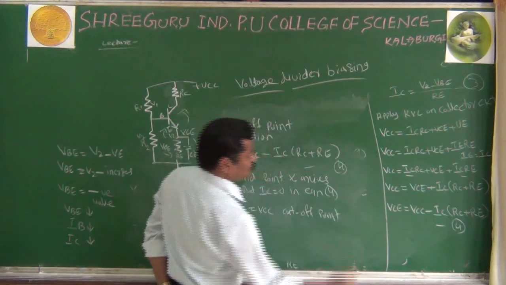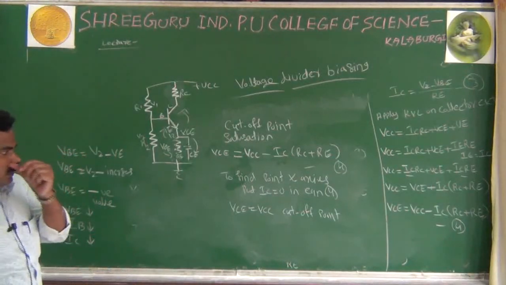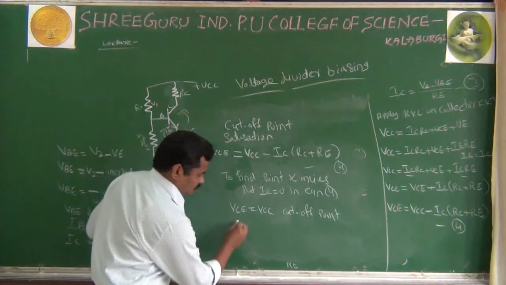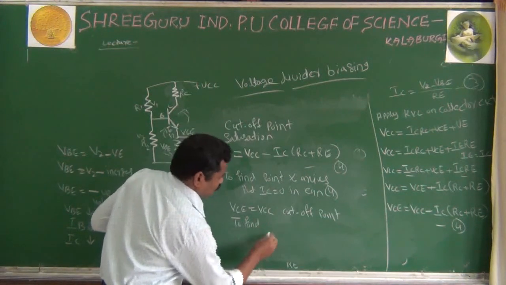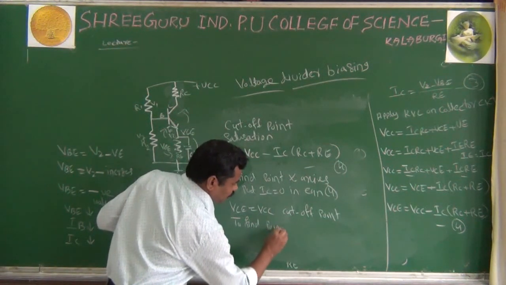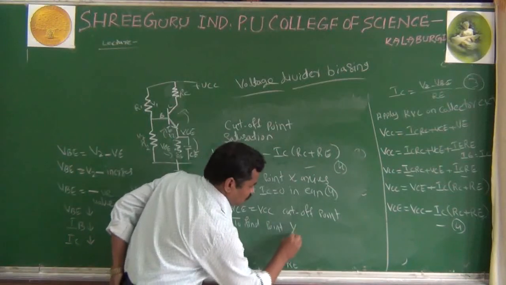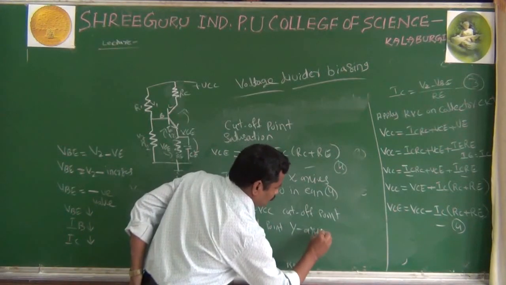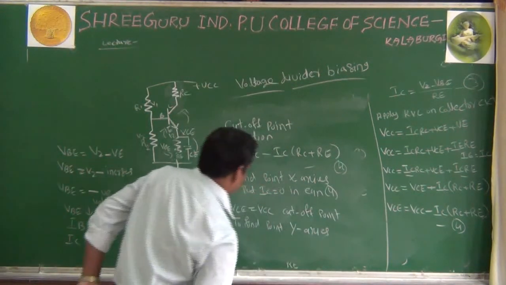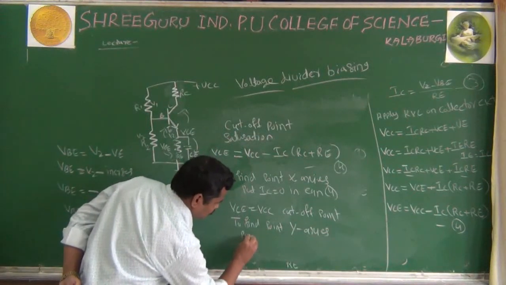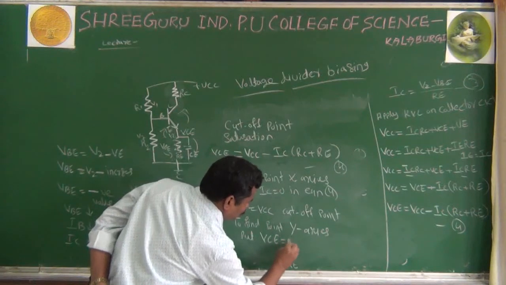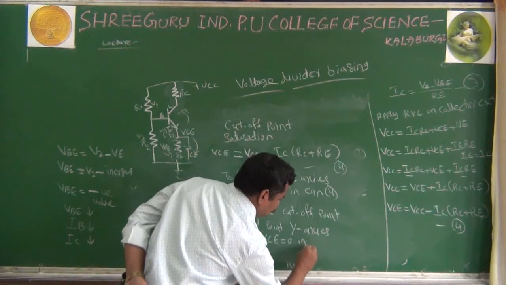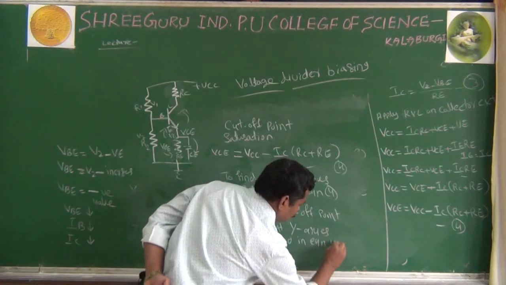And we want the saturation point. To find the point on the y-axis, what would you write? Put VCE equal to 0 in equation 4.